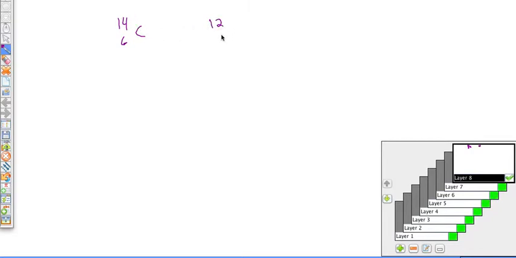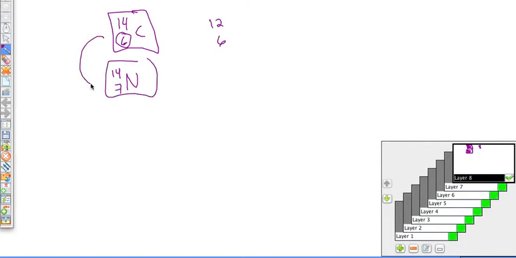Well, notice this is bigger. So if I'm asking you about this isotope, what's it most likely going to do? It's going to want to add to this number to make those even. So it's going to try to get some kind of beta decay going on where it can increase. And sure enough, it turns into nitrogen. That's the trend that you would expect.